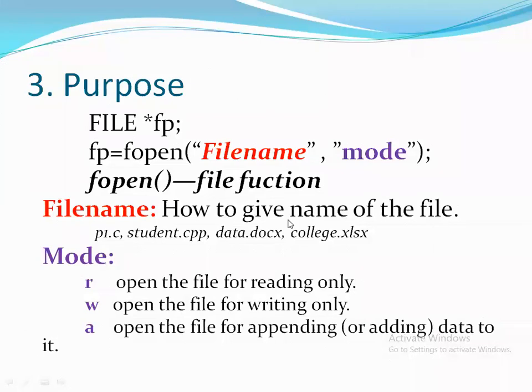Then I will open one file without any data. For what purpose do I open that file? To enter, to write some information. So the mode means the purpose of the file. The purpose is to store students' information, and store means writing purpose.